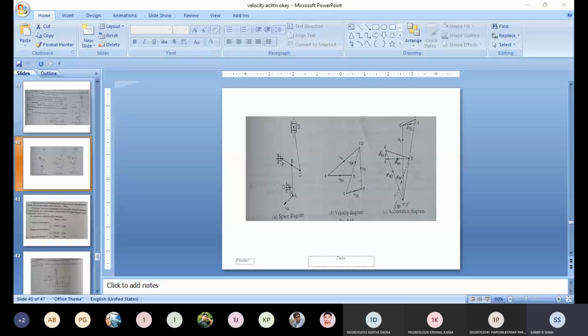Now, as we know, point C lies on PB. So we know the ratio equation, and we use that equation to locate point C. For that we have the equation P dash B dash divided by P dash C dash is equal to capital PB by capital PC.